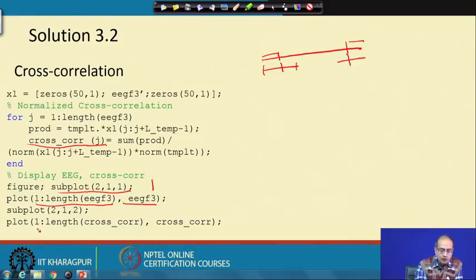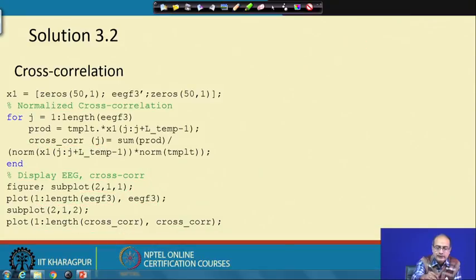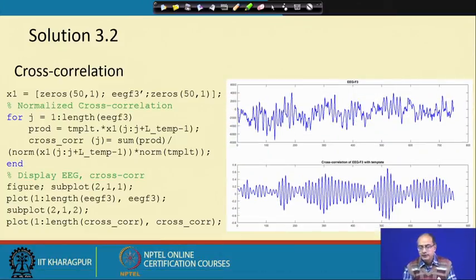So, we are using that index here to plot that thing. So, these two things are plotted one after another. Here at the top we see the EEG signal F3 and below is the cross correlation coefficient.